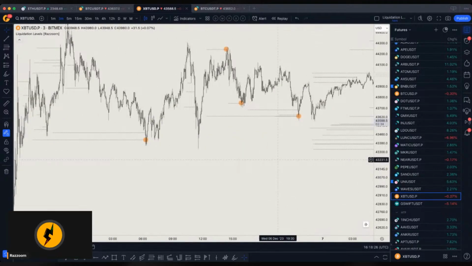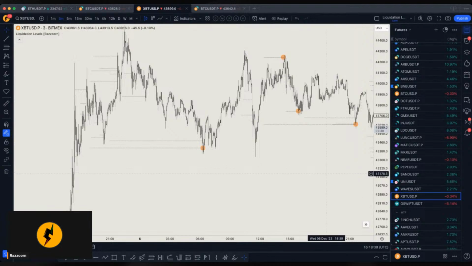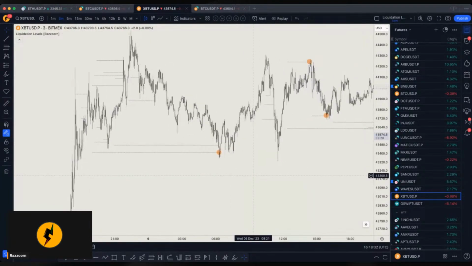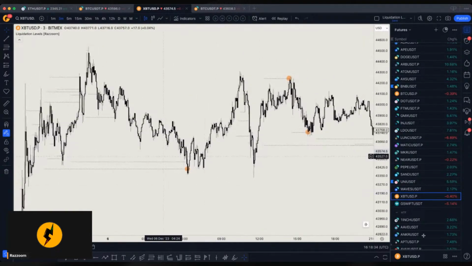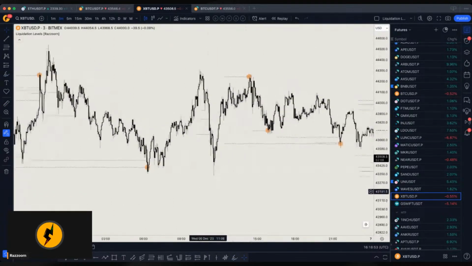I'm gonna open up some altcoin charts and show you those as well. But for now, you can see that it goes up, touches the liquidation level, drops about 1%, then touches this small liquidation level and comes down to test the lower ones.